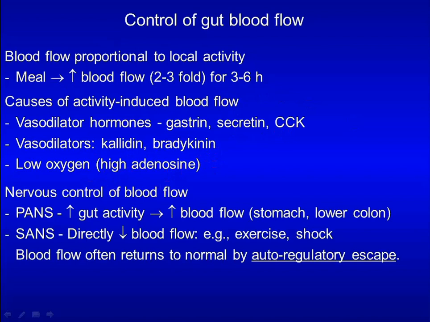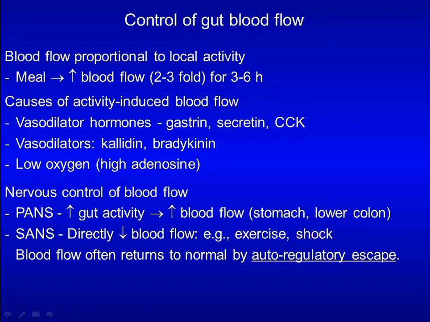In addition, parasympathetic stimulation increases activity of stomach and lower colon, and secondarily increases blood flow in this area. Conversely, sympathetic stimulation causes vasoconstriction of the arterioles and decreases blood flow directly, such as during exercise and shock.